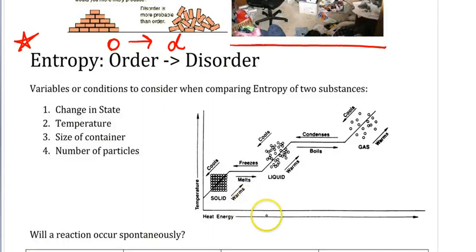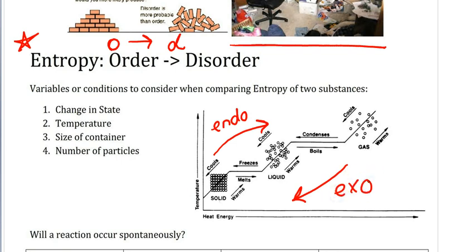So here looking at this phase change diagram, you know that as you move up, it is considered to be endothermic, so energy is going in. As you move down, it is considered to be exothermic. And so when you go, let's say, from a solid to a liquid, so we're moving up, what would you consider that to be as far as order?